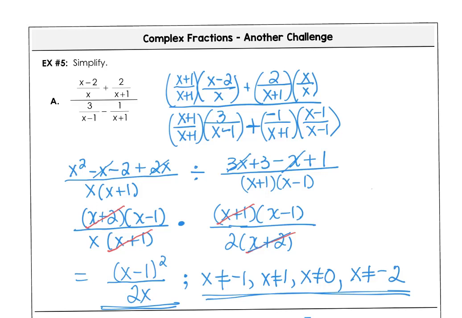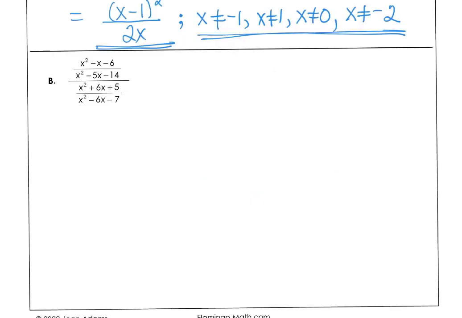And our last example. Okay, now this one really is a challenge, so we want to factor the numerator, x minus 3, and x plus 2. Factor the denominator. 7 times 2 would be 14. And we're getting very lucky there, so we could eliminate these two.